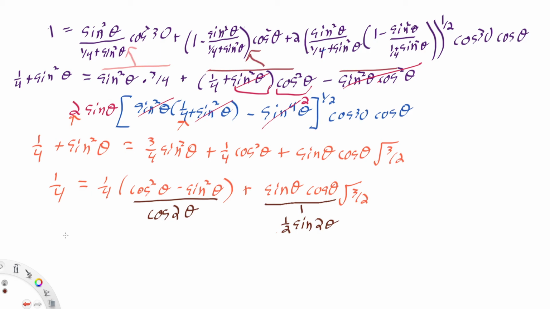So let's rewrite. 1/4 equals 1/4 cosine of 2 theta plus 1/2 square root 3 over 2 sine 2 theta.